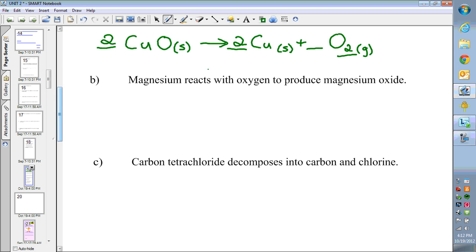Magnesium reacts with oxygen to produce magnesium oxide. So magnesium, that's a solid, reacts with oxygen, which is O2, as a gas. To produce means you put an arrow, and magnesium oxide, that's an ionic compound.